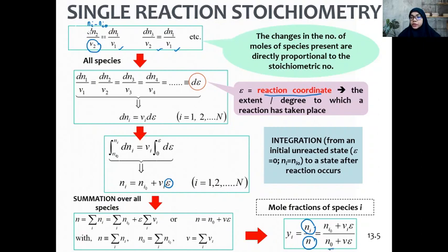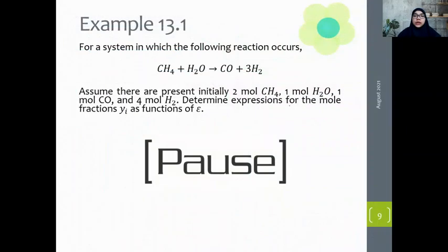So we need to obtain the total number of moles by totaling the number of moles for all the species. The same goes for the stoichiometric number: total all the stoichiometric numbers for all the species. Okay, let's take a look at an example.